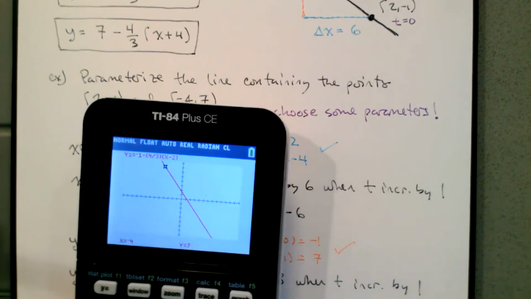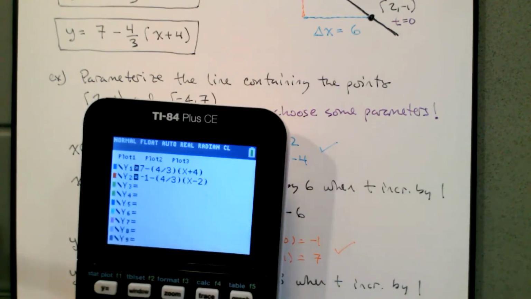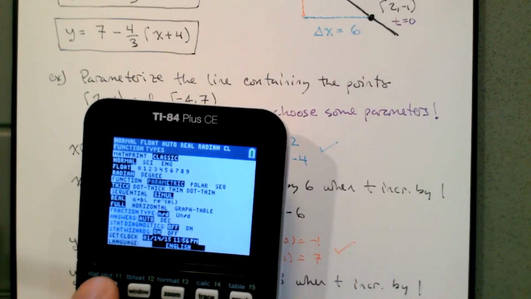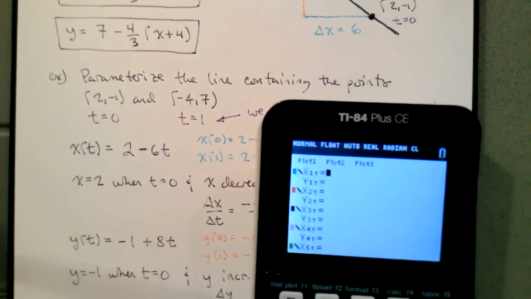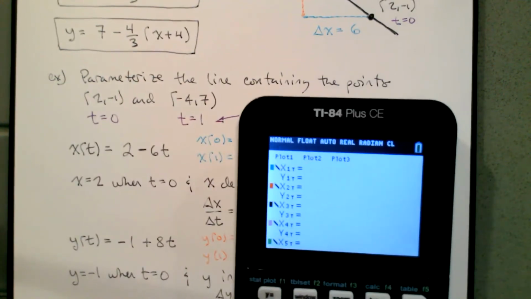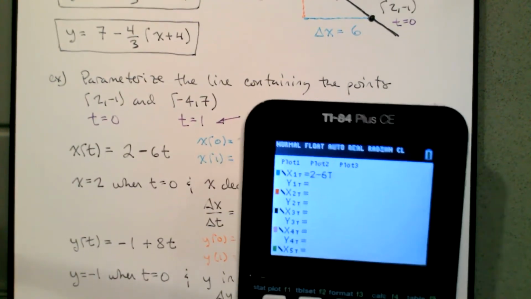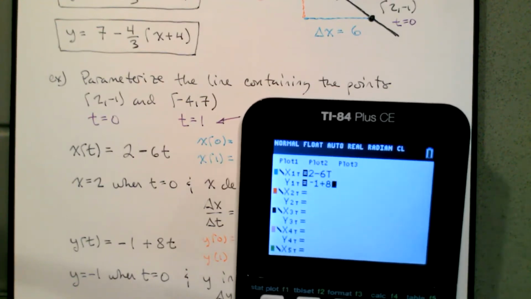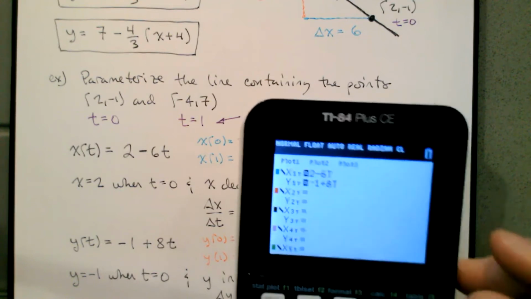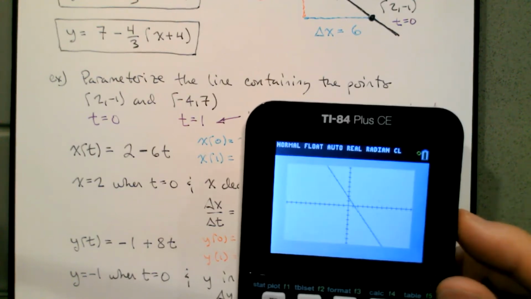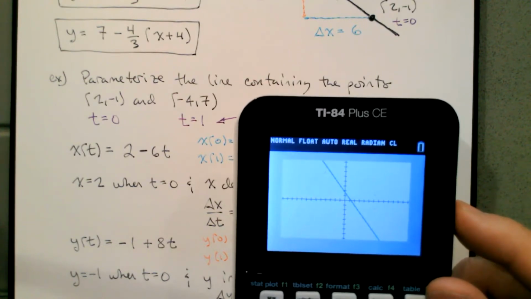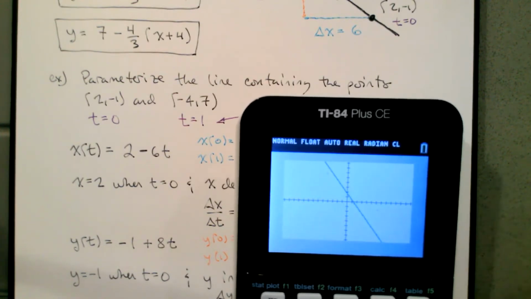Let's switch to parametric and put in our parameters. So now I'm going to put x as 2 minus 6t and y as -1 plus 8t. And we see we get the same line. And we also see, even though it went pretty fast, that it went from right to left.